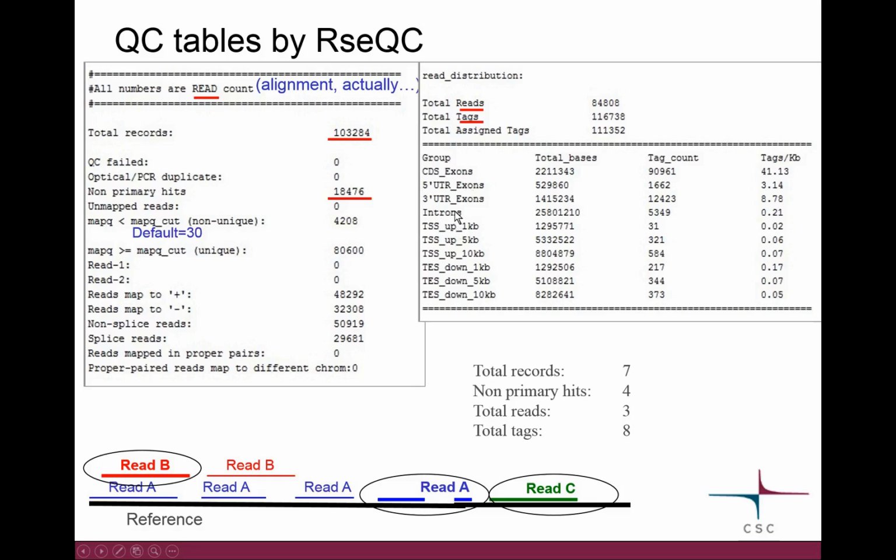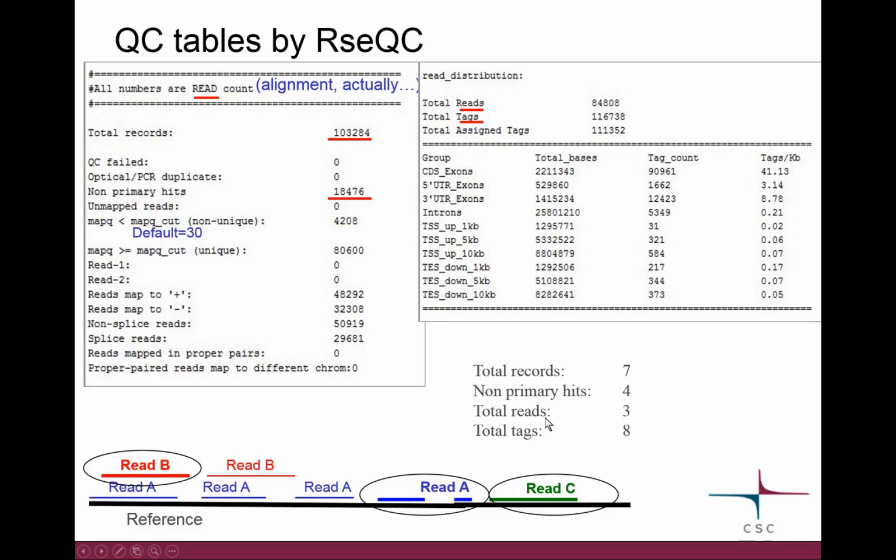So like mentioned, it can be a bit confusing, so I made this helper picture here below. You can see that there are 3 different reads here, A, B, and C. But we have 7 total records, looking at this number here, because the blue read is actually mapping into 4 different locations, and the red one is mapping into 2 different locations.